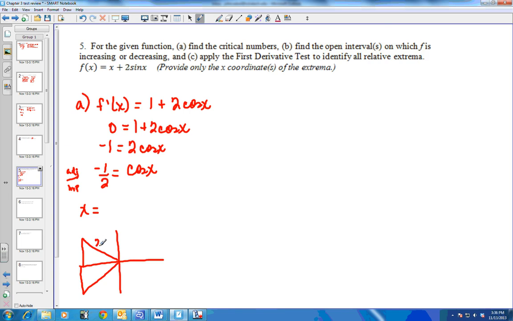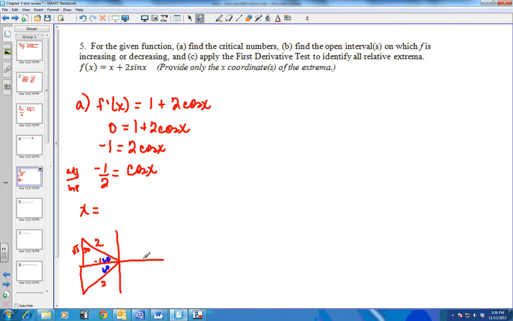So my hypotenuse is 2. My adjacent side is negative 1. So when I do the Pythagorean theorem, I have a 30-60 triangle. So 30 degrees is always opposite my 1. So if this is 30, that means this right here is 60 degrees.